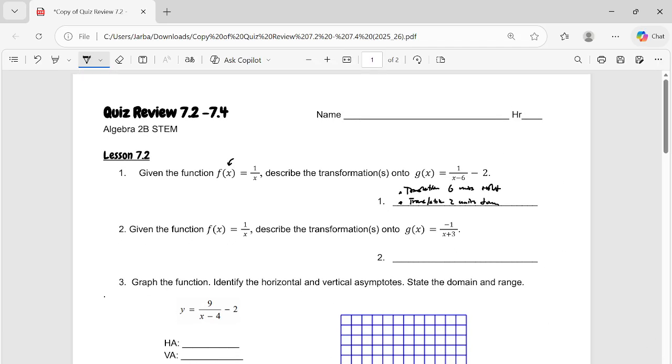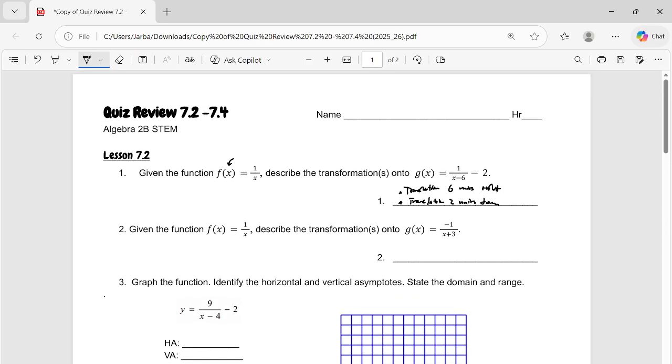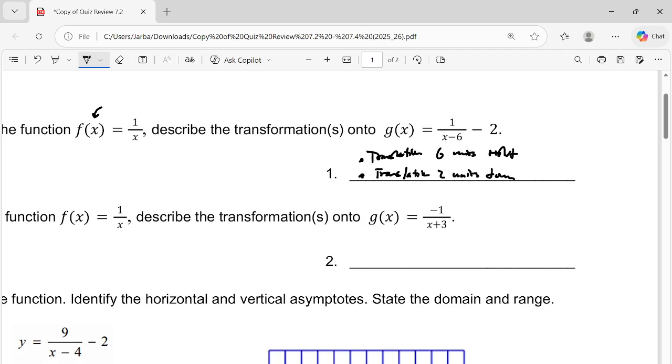Alright. Number 2. We want to describe the transformations of the same function, 1 over x, onto g of x equals negative 1 over x plus 3. So now notice we have this negative. First I'm going to take care of what's on the inside of the function.